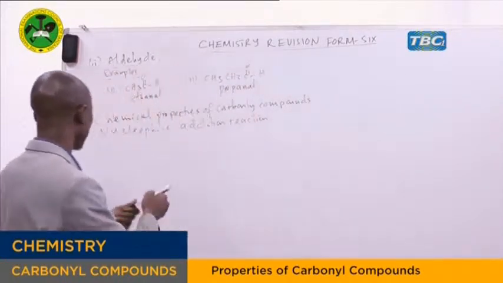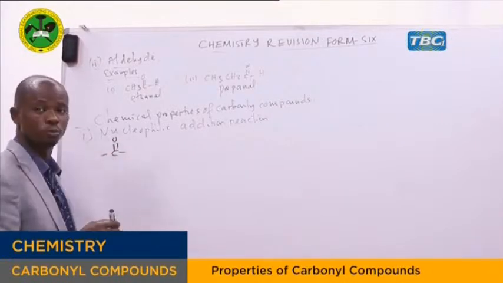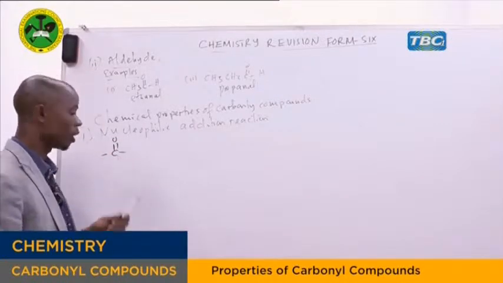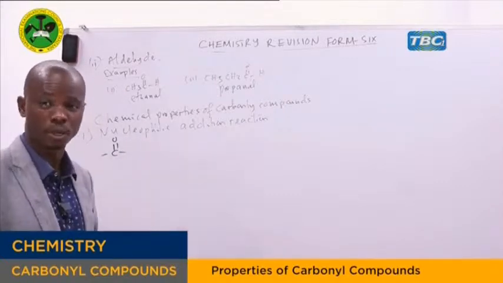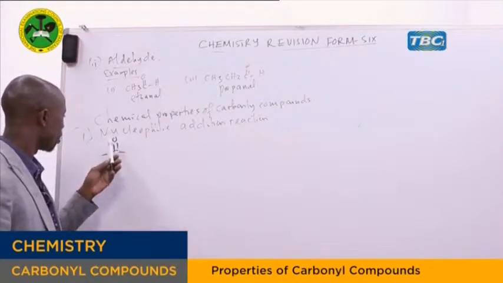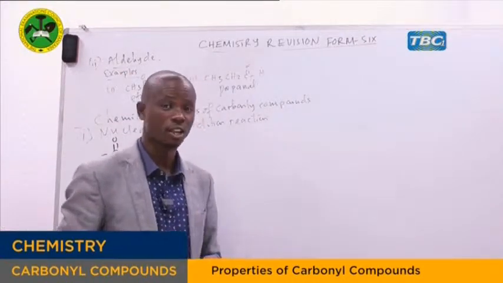Now, the carbonyl compound contains the carbonyl group. When you look at this functional group, this is where the chemical properties are taking place. The oxygen and the carbon differ in terms of electronegativity.